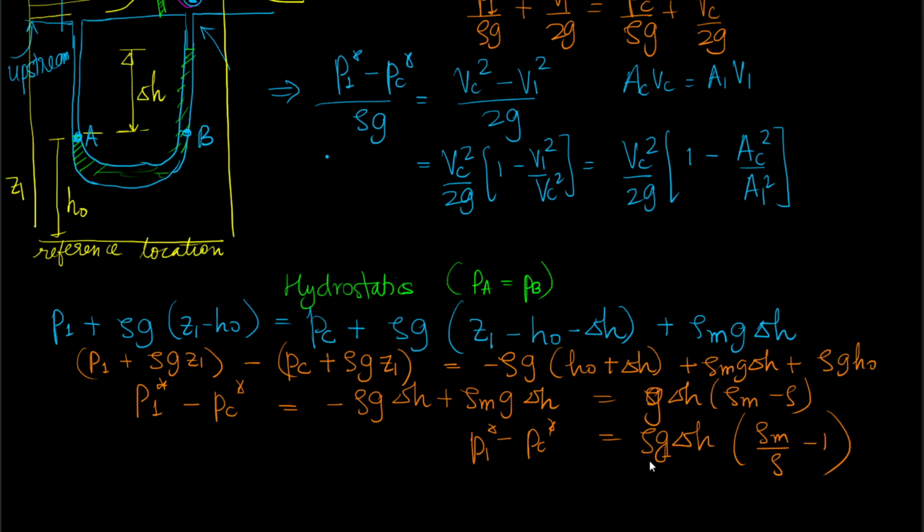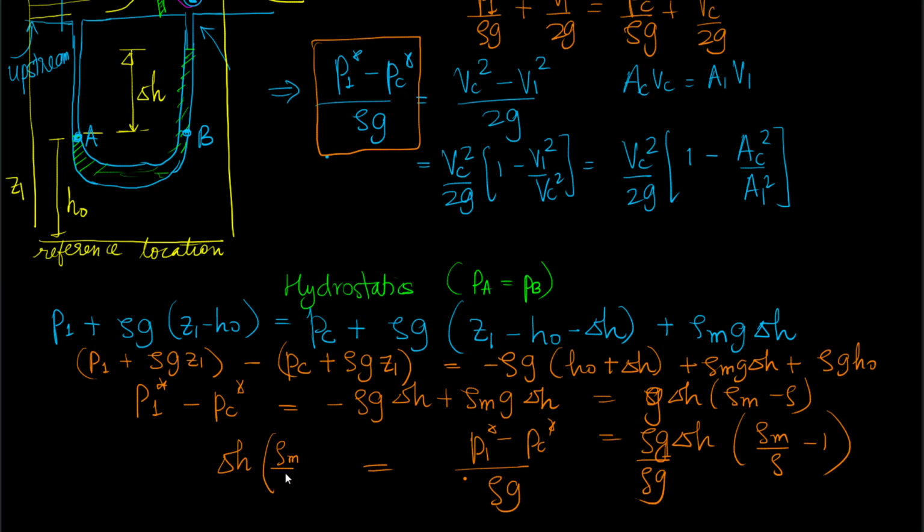That is, I can divide it by this in order to find the exact expression that we need over here. So the right hand side is equal to delta H (rho M upon rho minus 1).